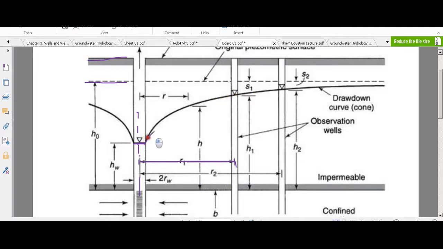I told you this is the drawdown curve, or the variation of the piezometric surface. If you measure that, there is a height h1, so this is the height h1, which is very easy.